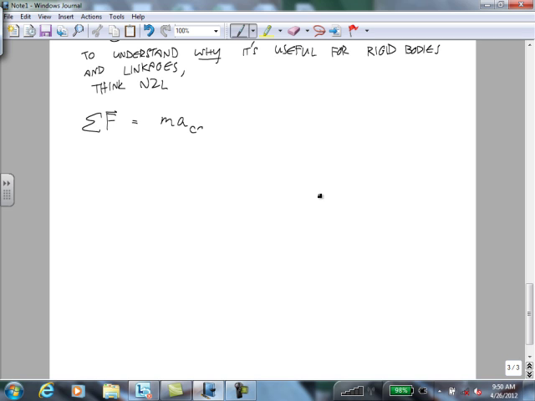But this wouldn't be very useful in itself, except that it's equivalent to saying the sum of all the external forces is equal to the mass times the acceleration of the center of mass.